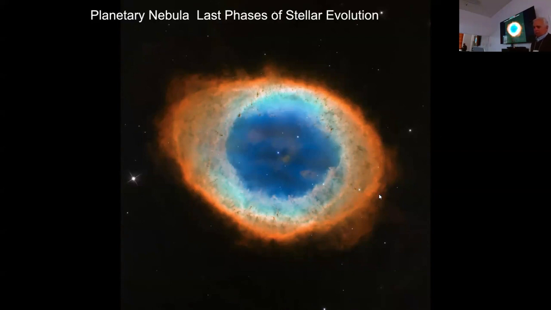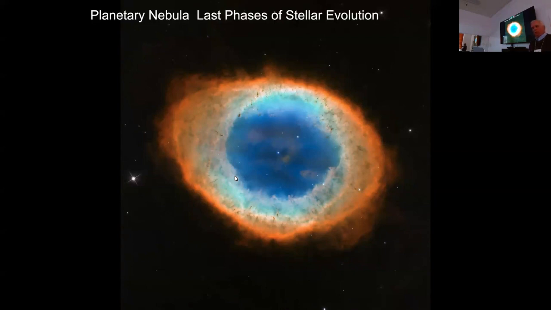This is the Ring Nebula in Orion, and this star in the center has exploded and cast off a lot of its envelope. And so that is how materials like carbon get back into the interstellar medium and are available to form new stars and planets. And that's how your carbon came from.